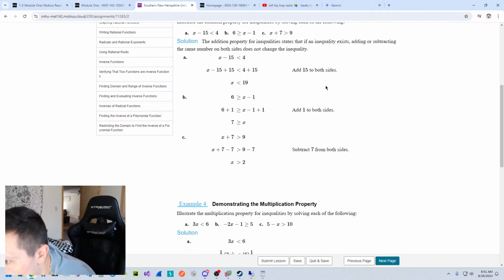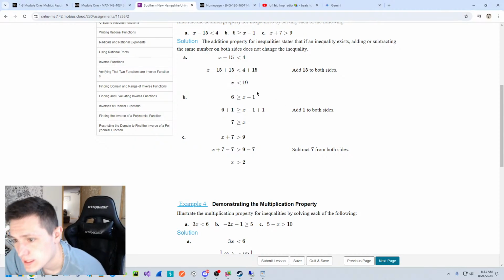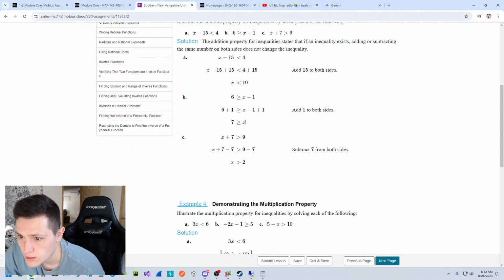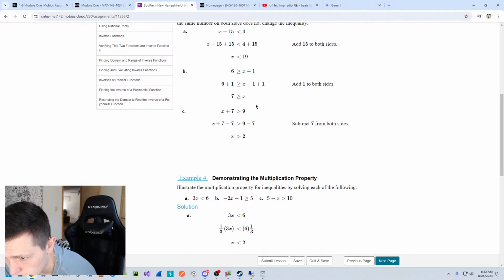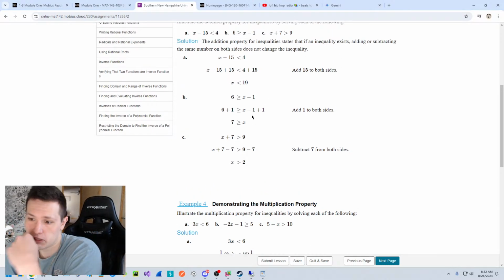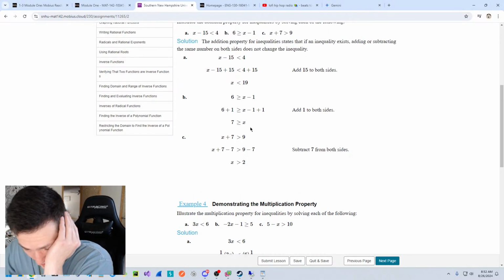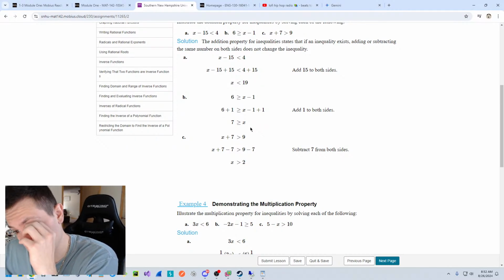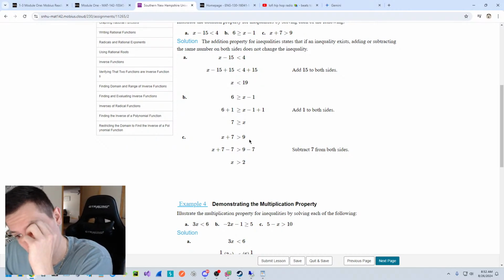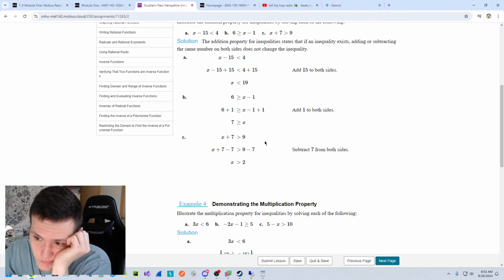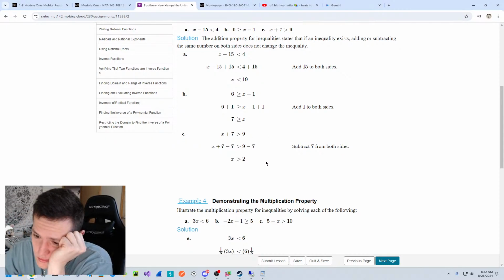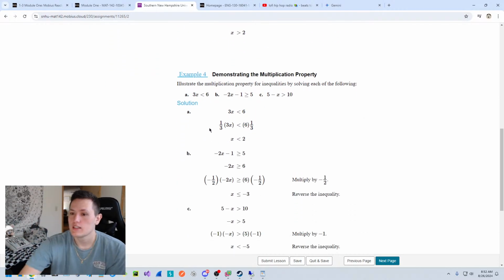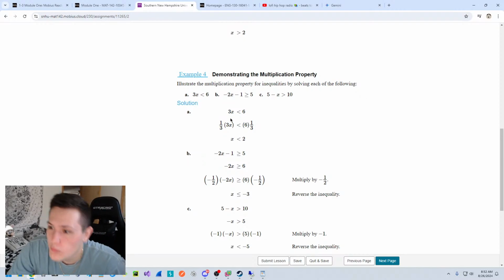So we just add 1, right? Add 1 to both sides, okay, so plus 1, that's 0, so then it'd be x is less than or equal to 7. Makes sense. So we add minus 7. Easy.